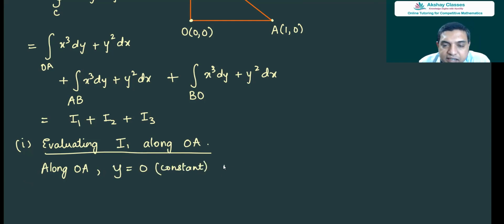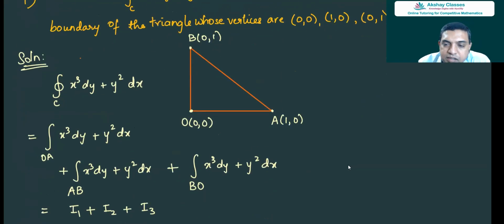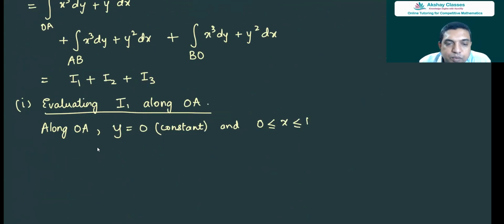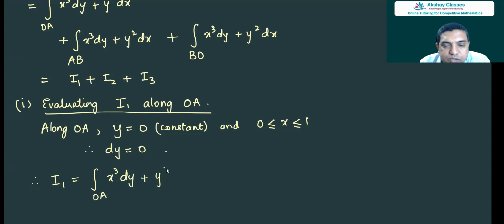Only x is changing, and x lies between 0 and 1. So we get y is 0, dy will also be 0. Therefore, I1 is integral OA x cube dy plus y square dx.